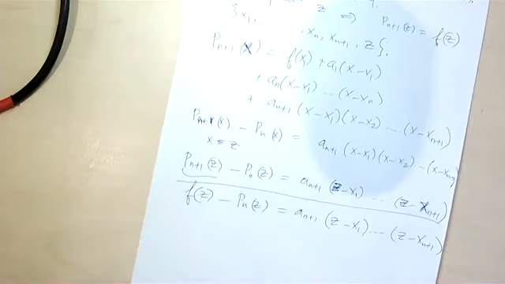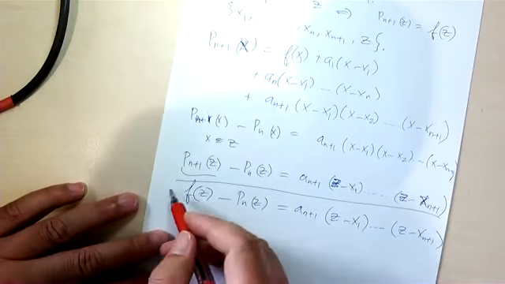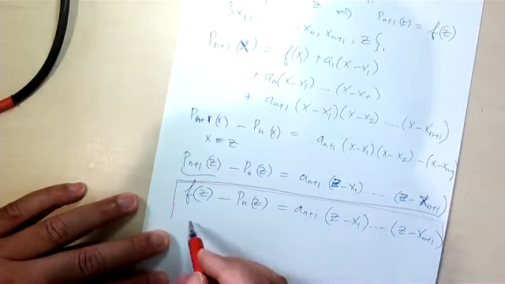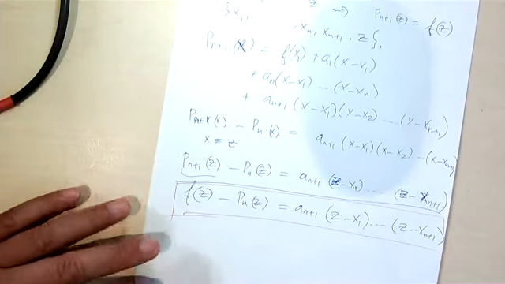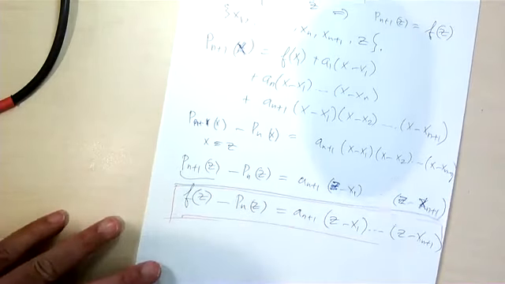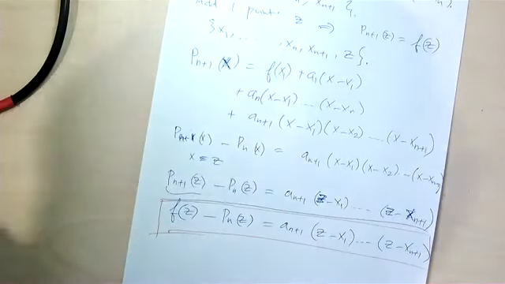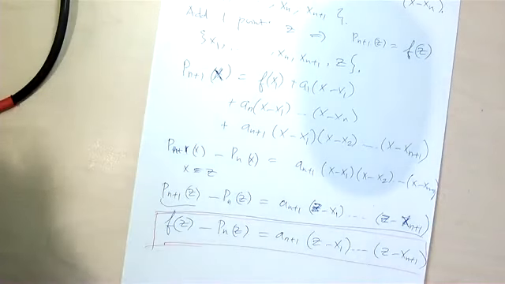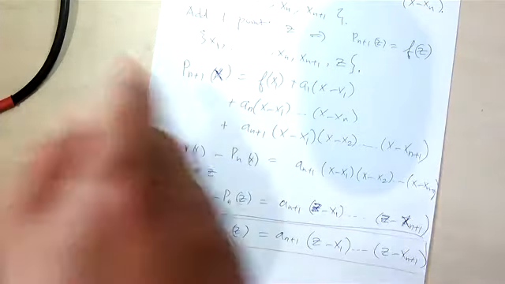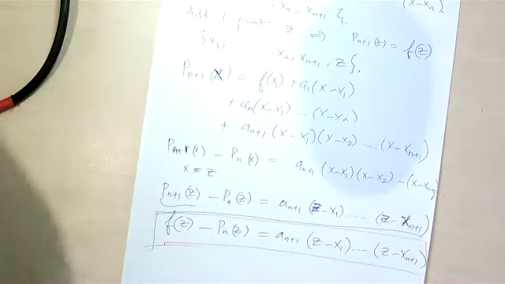So look at the last one. You see it? So you agree that, yeah? I start with Pn, the Newton form. Then I add one point z, so that f(z) equals Pn plus 1 at z.